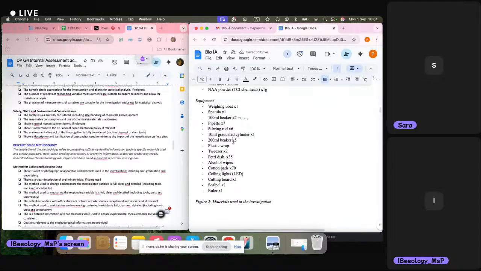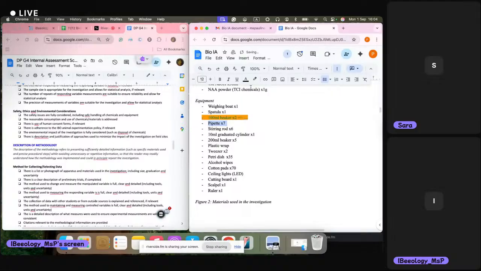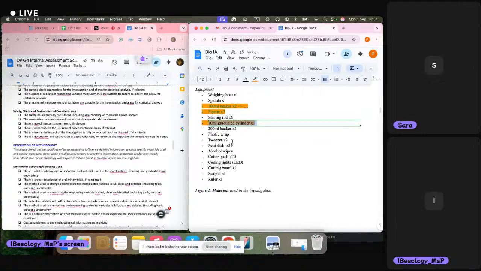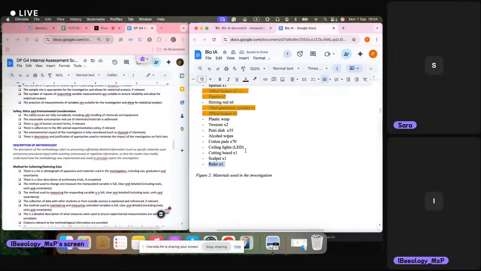Pipette, yes, this is a measuring tool. What else is a measuring tool? Ruler, of course, because I want to ensure that you really used a centimeter ruler.